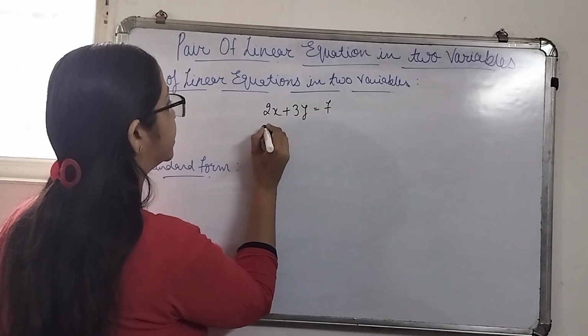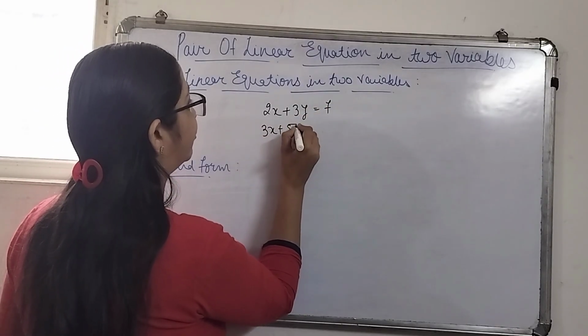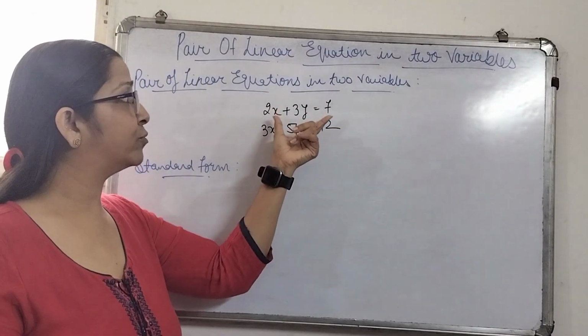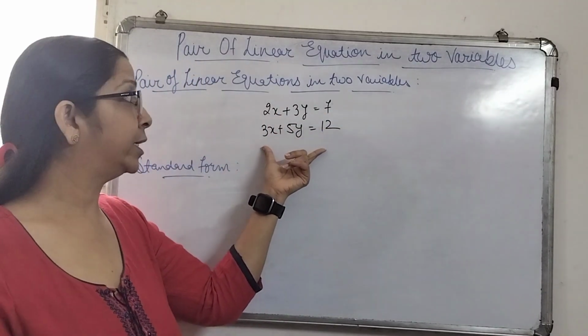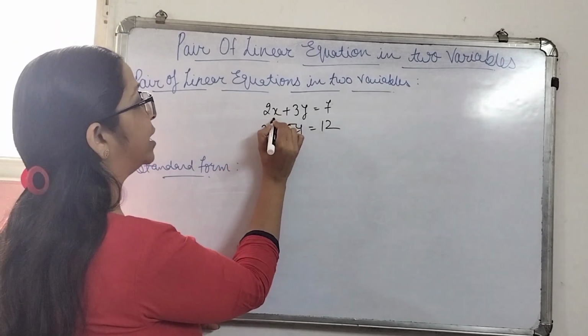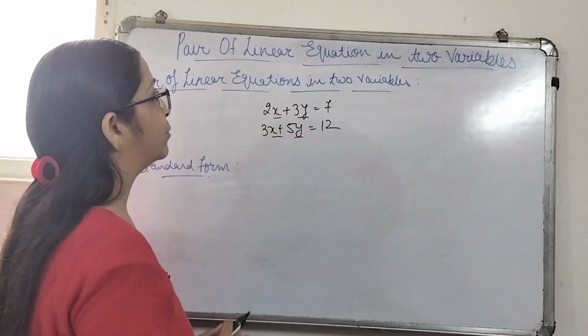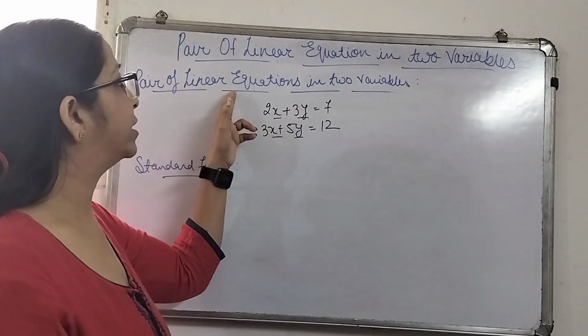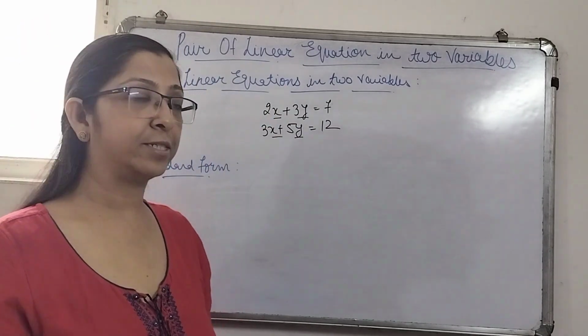Another equation is 3x plus 5y is equivalent to 12. So there are two equations and both of them are linear equations, and they are in the two variables, and in both the equations the variables are the same. So such type of linear equations in two variables are said to be pair of linear equations in two variables.